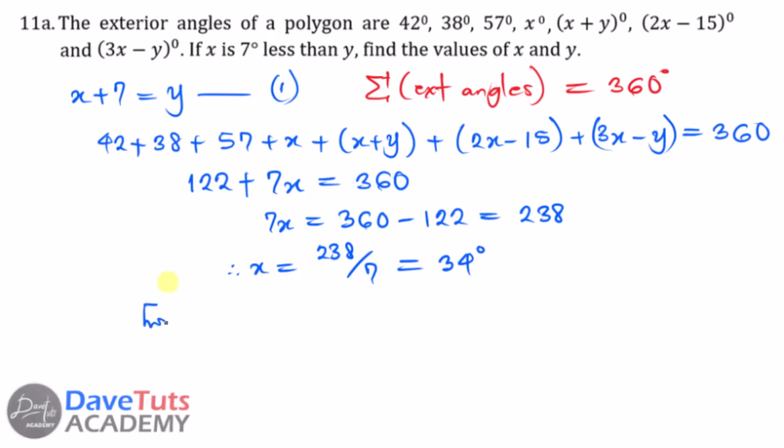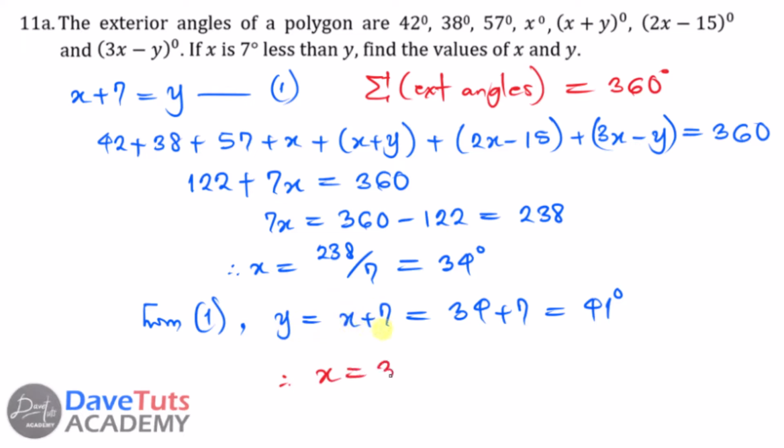But from equation 1, which we wrote initially, we can see that y is equal to x plus 7, and that will be 34 plus 7, which is 41 degrees. So from our understanding of the statement and the fact that the sum of exterior angles of a polygon is 360, we have x as 34 degrees while y is 41 degrees. This is the solution to this question.